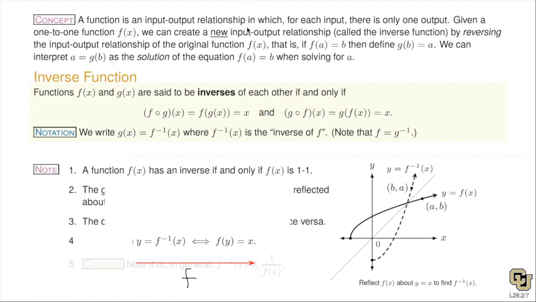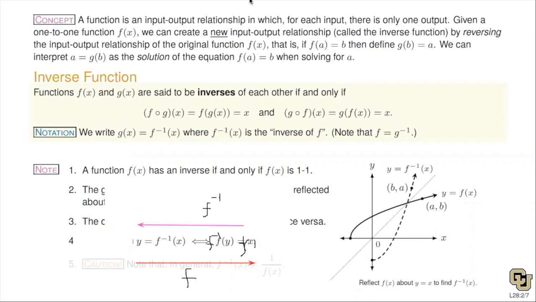Now if I want to go the opposite direction, from f of y equal to x to y equal to f inverse of x, I apply f inverse to both sides. So I take f inverse of f of y, and here I'm taking f inverse of x.